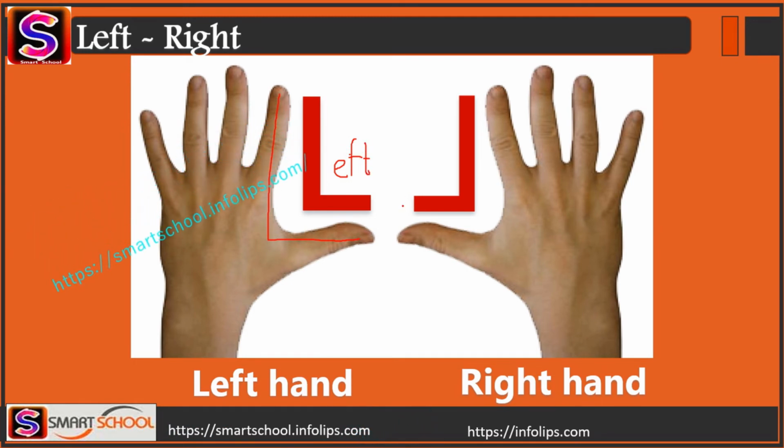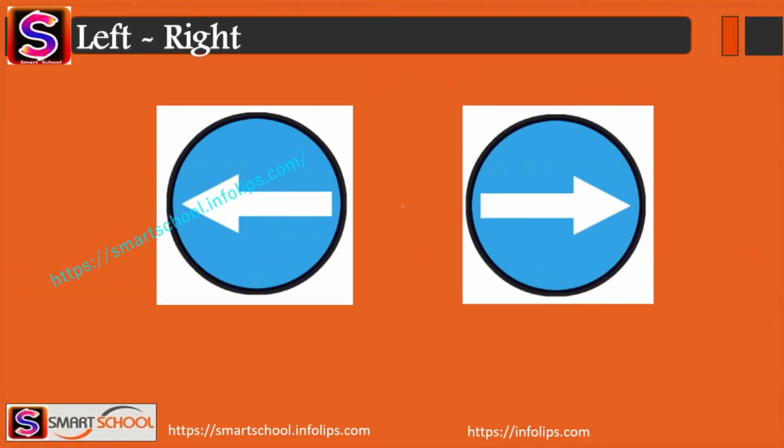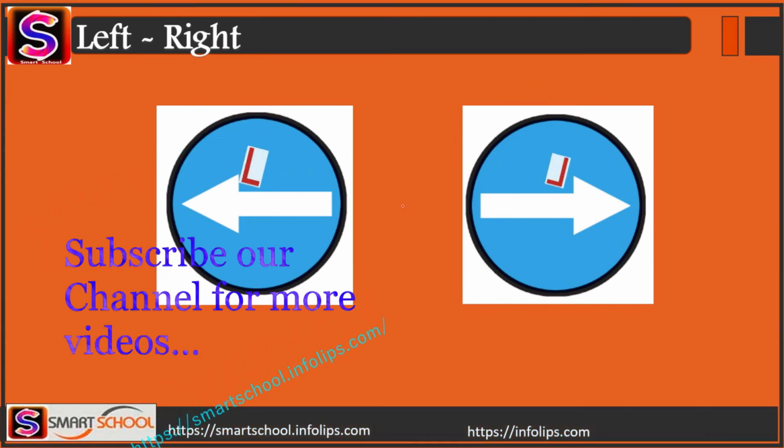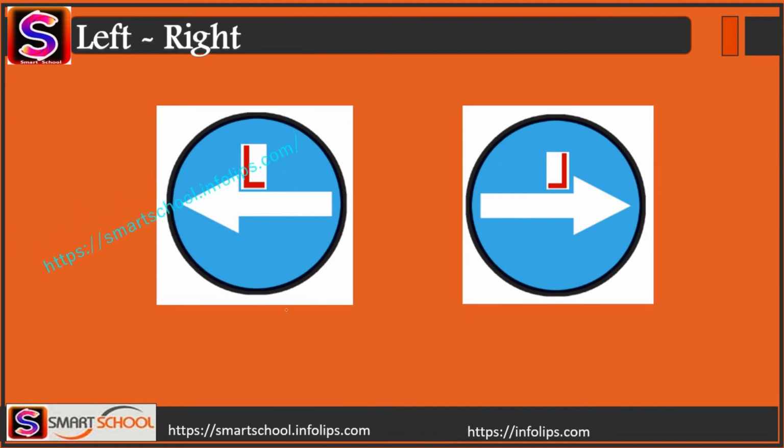So once you remember this trick, then you will easily identify left and right. Okay, see there are again these arrows, just review it. So this is the left arrow and this is the right arrow.